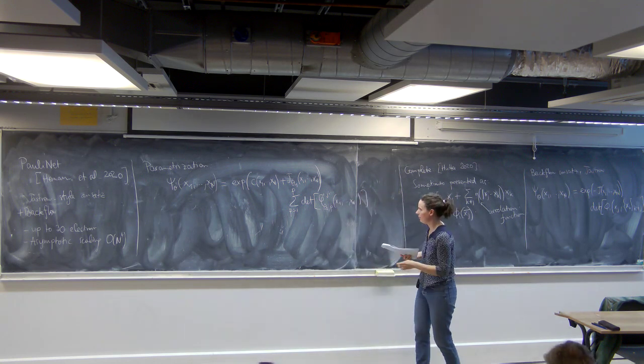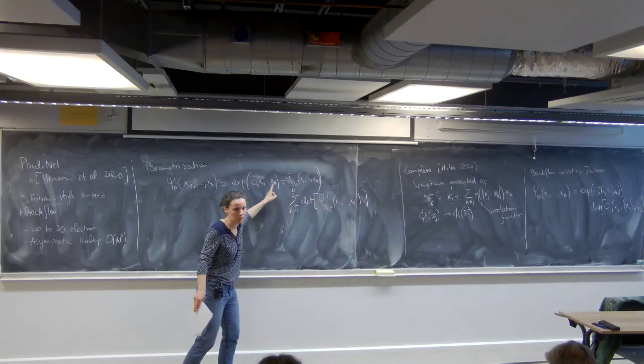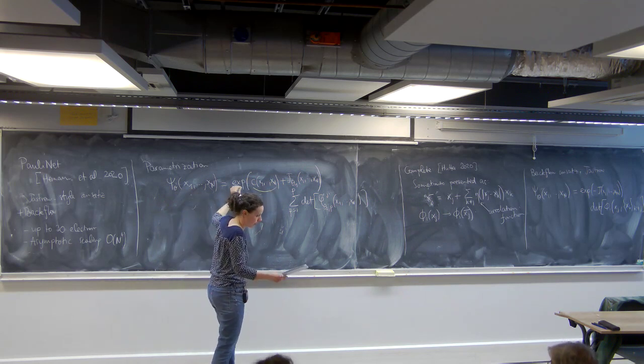So that's a big Jastrow factor, and here the C is, I'm assuming, for the cusp condition, something that is explicit.